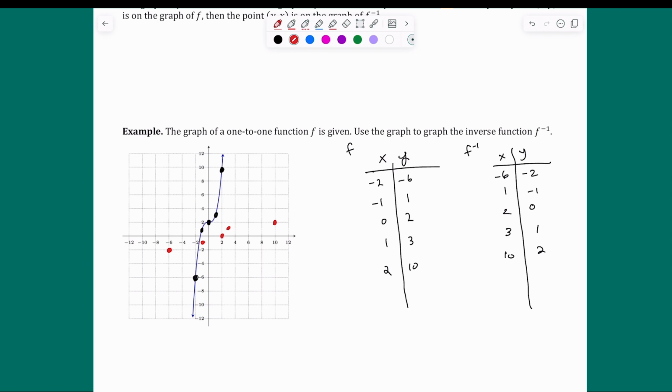Let's see if I can get this right. It's kind of hard to graph like this. Let me make sure I got the points right. I think I have one ordered pair not correct.